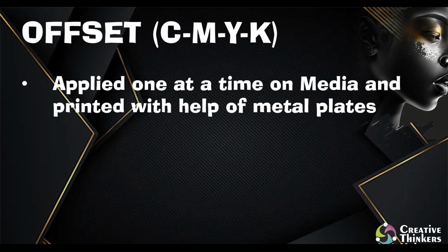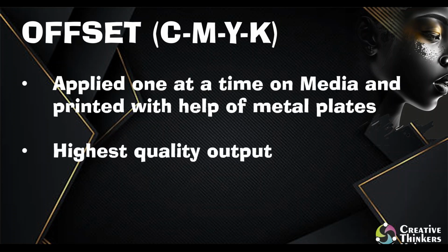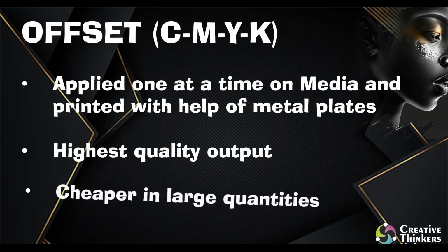So first one plate is printed, then the paper passes on to the second plate, the third plate and the fourth plate. So ink is applied one at a time on the media. All 4 do not apply together. Then you get the highest quality output in this, because every ink is allowed to have its own vibrancy. So the output is of the highest quality.